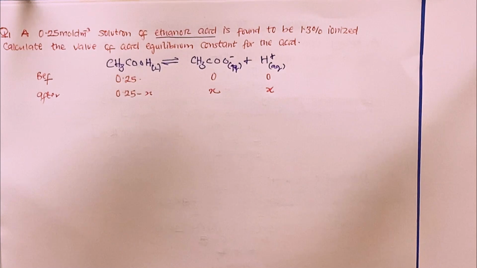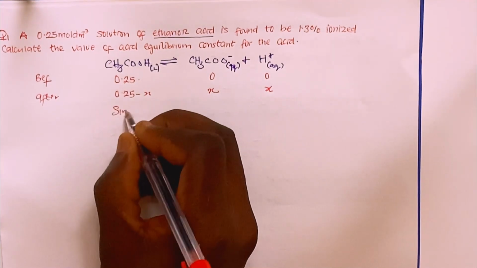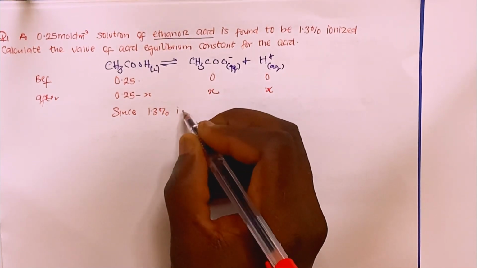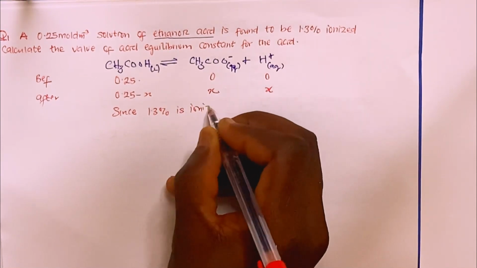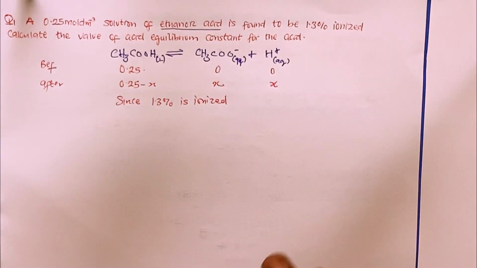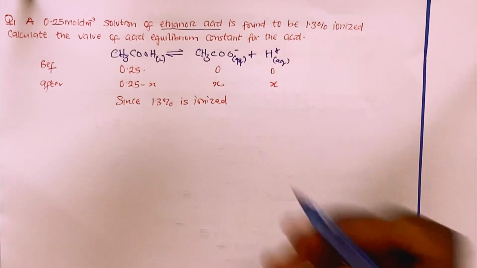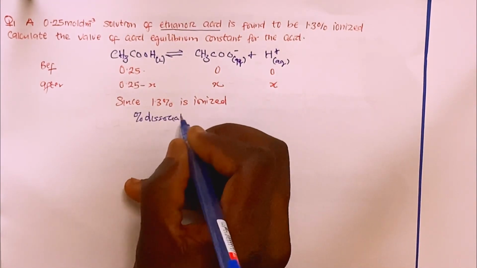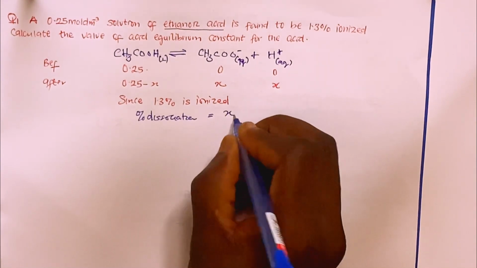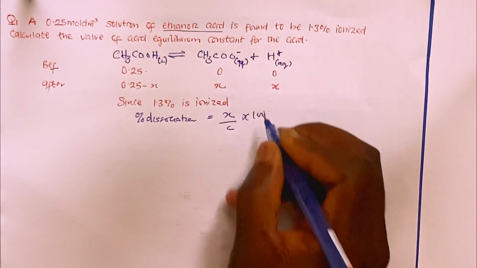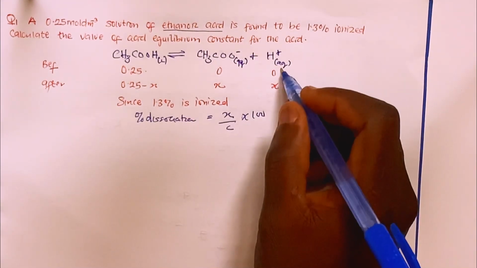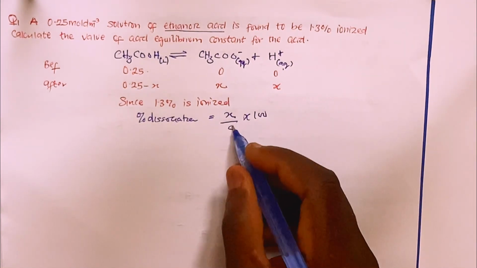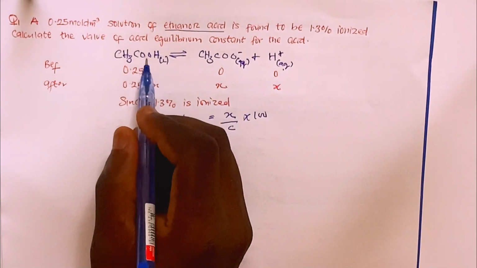Before the equilibrium, I know that since 1.3% of the acid is ionized, I can say that my percentage dissociation equals x over c multiplied by 100, where x is the concentration of the hydrogen ion produced after the reaction, while c is the concentration of the ethanoic acid before the reaction.